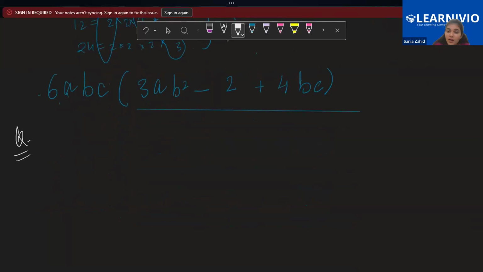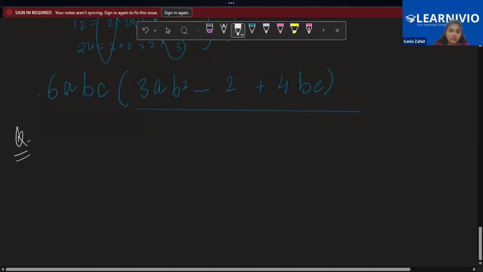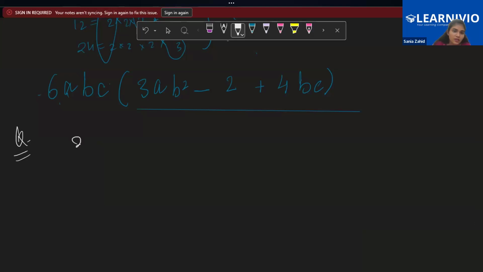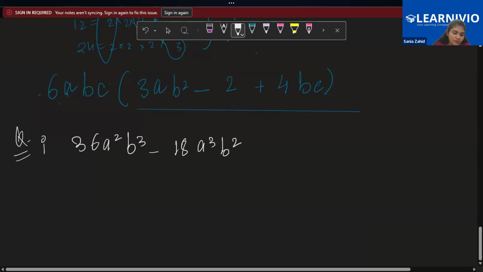Now, students, with the same approach of first taking the HCF and then writing the common things out, you will factorize the following. Factorize 36a square b cube minus 18a cube b square. The first one.